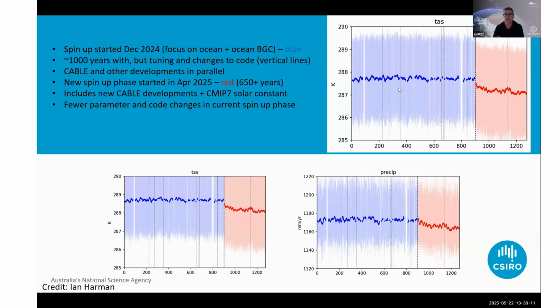And that's mainly because we didn't update the solar constant in CMIP 6. We were far too advanced in our preparation, and we kept the CMIP 5 solar constant in our CMIP 6 runs and only applied an offset. So that's why you see a bigger change now. It's quite a drop in temperature.